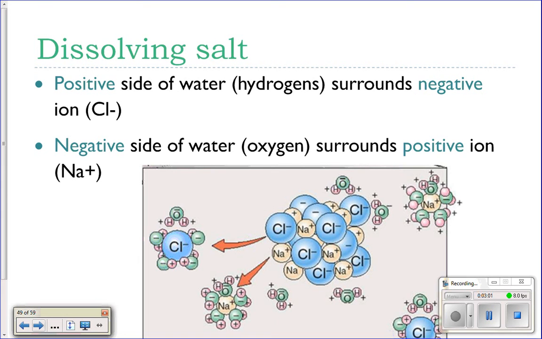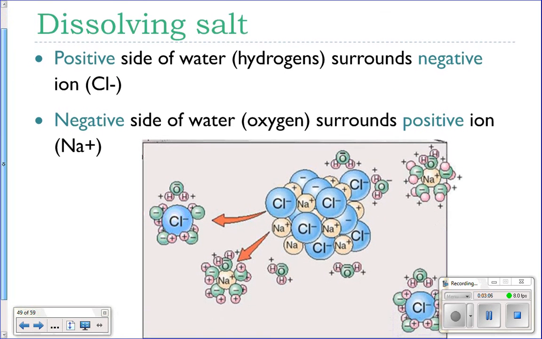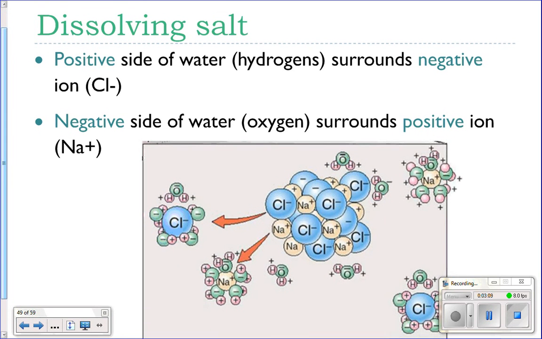The way it dissolves things, like a salt, is because it has polarity, so it has a charge. If you look at this picture at the bottom, you have your sodium and chloride ions fused together to form your salt. Here's your chloride ion, and here in green is your sodium ion. They're attracted to each other because they are charged particles.